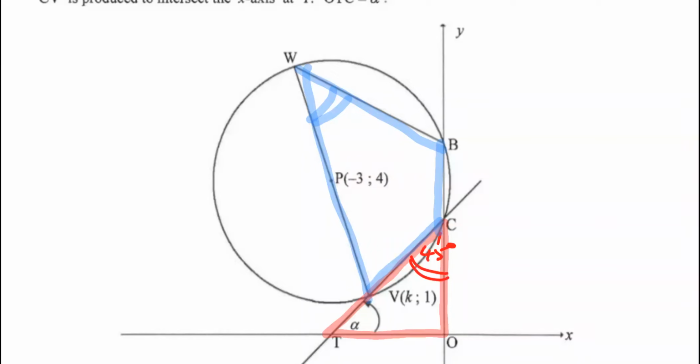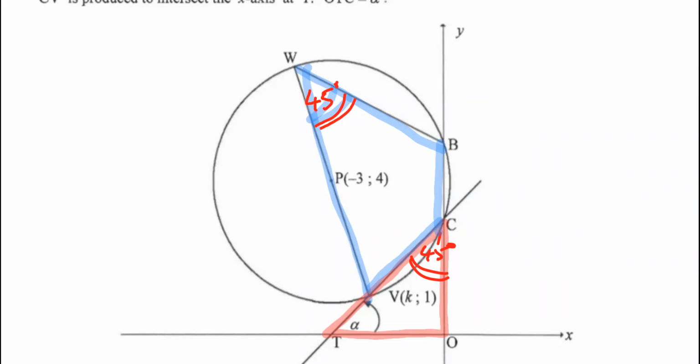Now this angle is the exterior angle of the cyclic quad, so it should be equal to the opposite interior angle. So therefore, angle W is also 45 degrees. Okay, very nice. So here we had to use some circle geometry or just normal geometry.